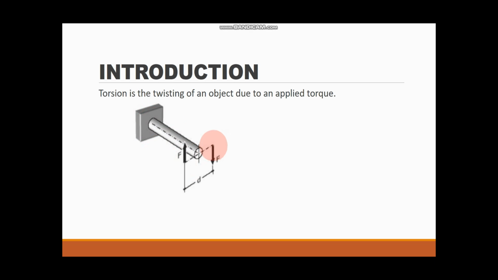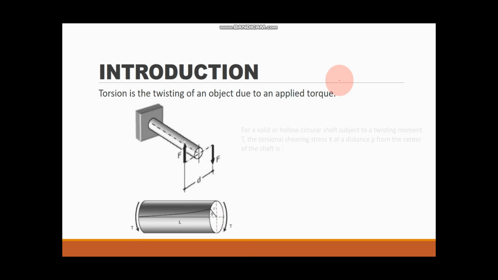But if we apply a force multiplied by the distance, or what we call the torque or twisting moment, that is being applied perpendicularly to the axis of the bar, an angle of twist is created. So, you will notice here, if we twist the rod, there will be an angle of rotation or angle of twist.